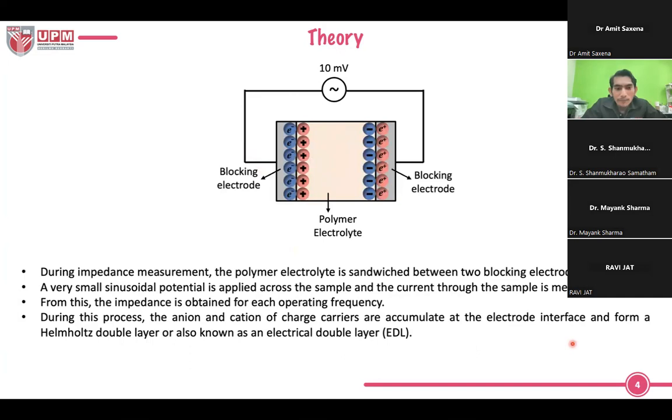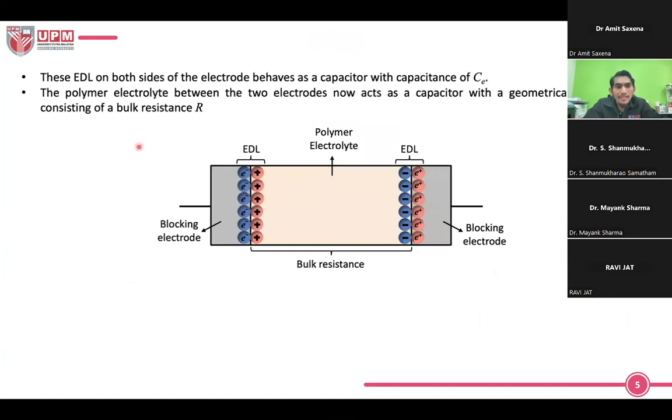And this will form a Helmholtz double layer, also known as an electrical double layer, at this interface. So this electrical double layer on both sides of the electrode behaves as a capacitor with capacitance of CE. We can see this EDL will behave as a capacitance. We denote it as CE.